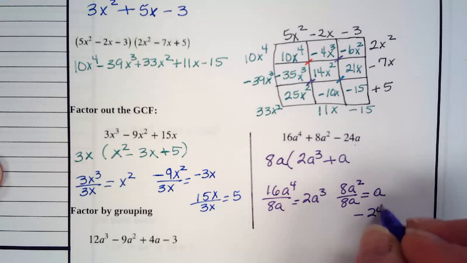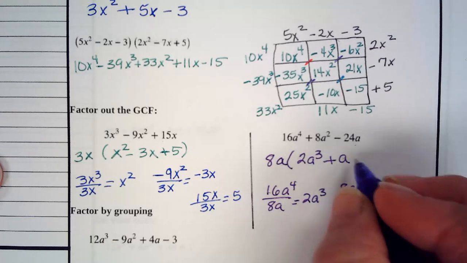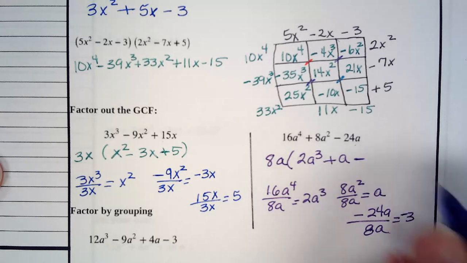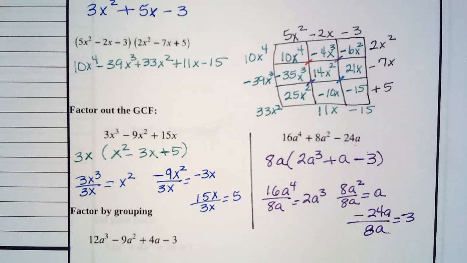Negative 24a divided by 8a is negative 3. Those are your two factors.